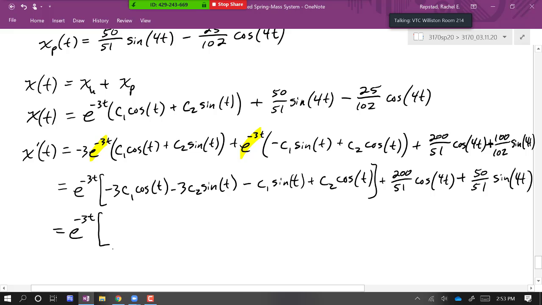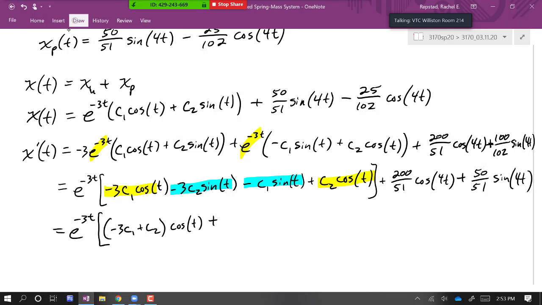I'll gather my cosine terms and my sine terms. So if I look at the cosines first, we've got minus 3c1 plus c2, and then for the sine terms, minus c1 minus 3c2.